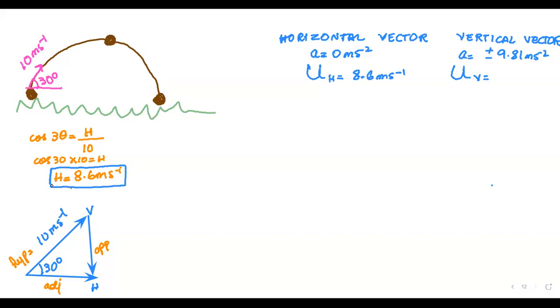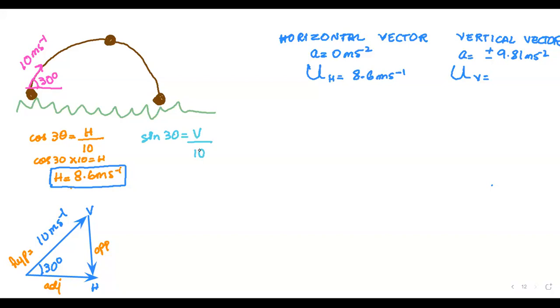So I can go ahead and then use sine theta to do my calculations. Sine 30 is equal to my vertical component, b, over my hypotenuse, 10. So I will simply do sine 30 multiplied by 10.